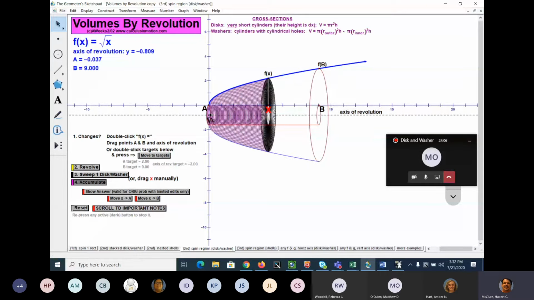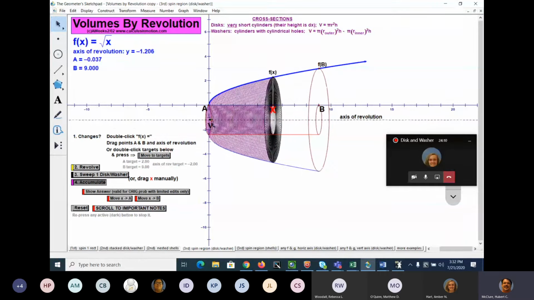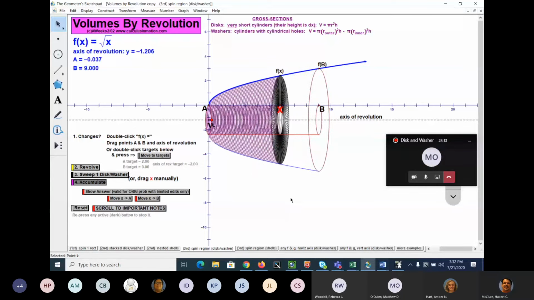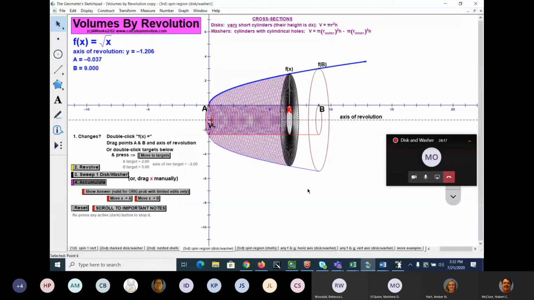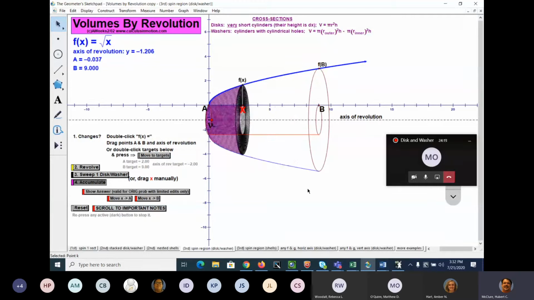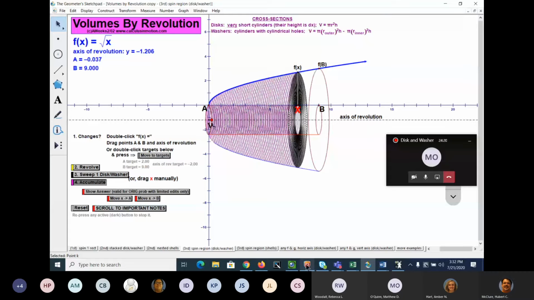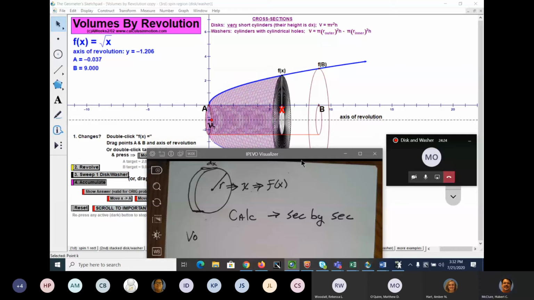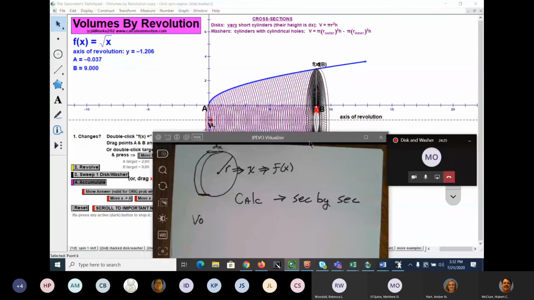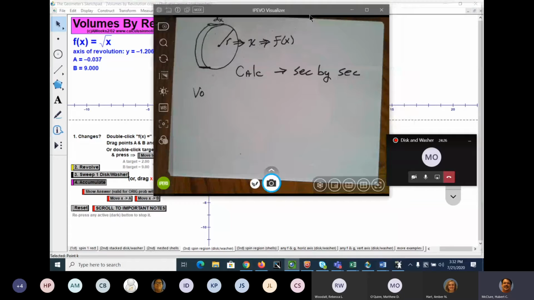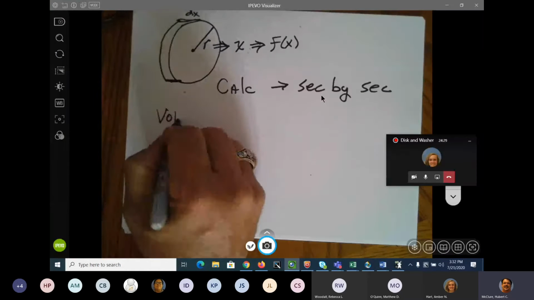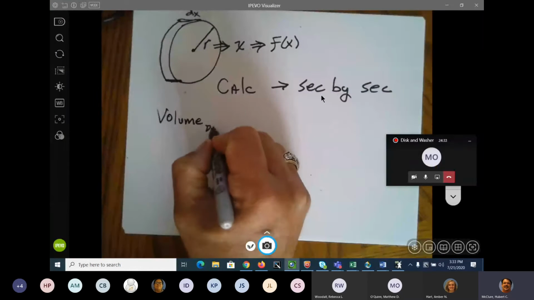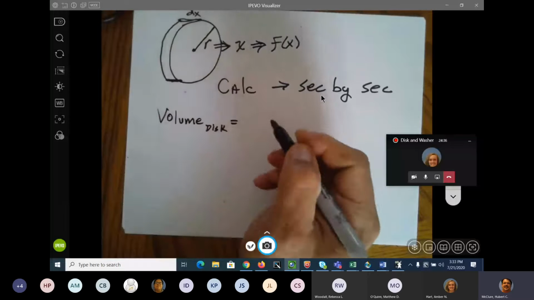Okay. So, with that being said, the volume of a disk, let me get this back up. The volume of a disk is equal to pi r squared h.